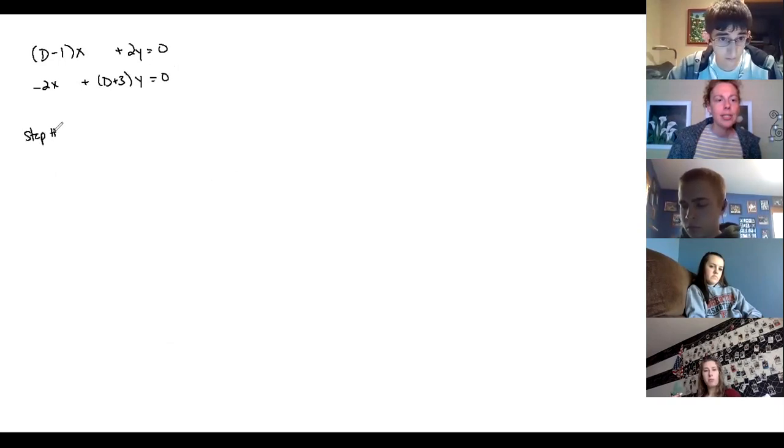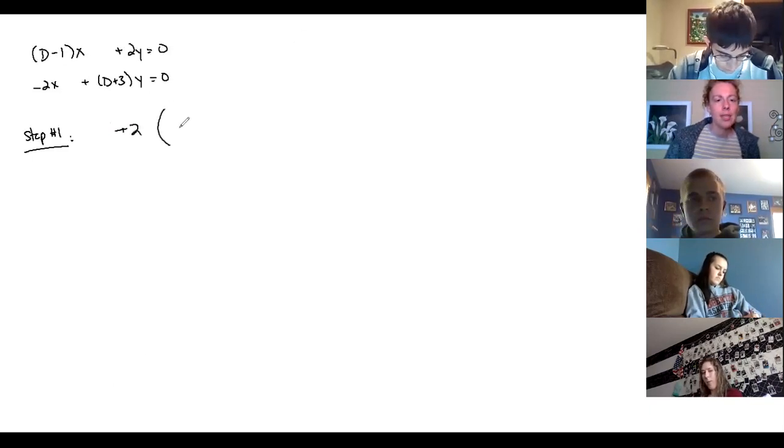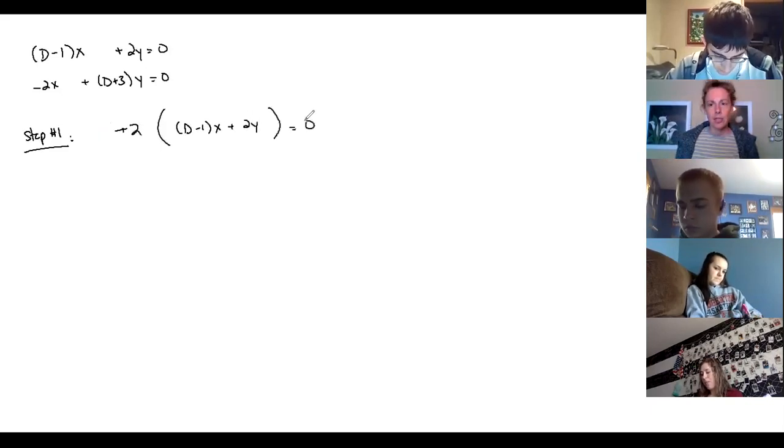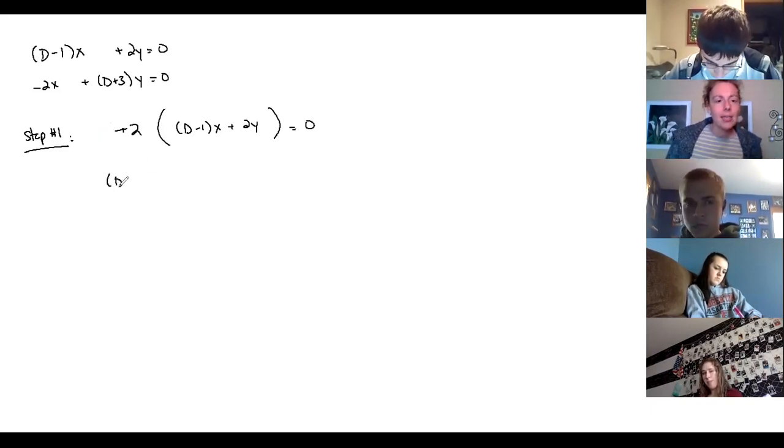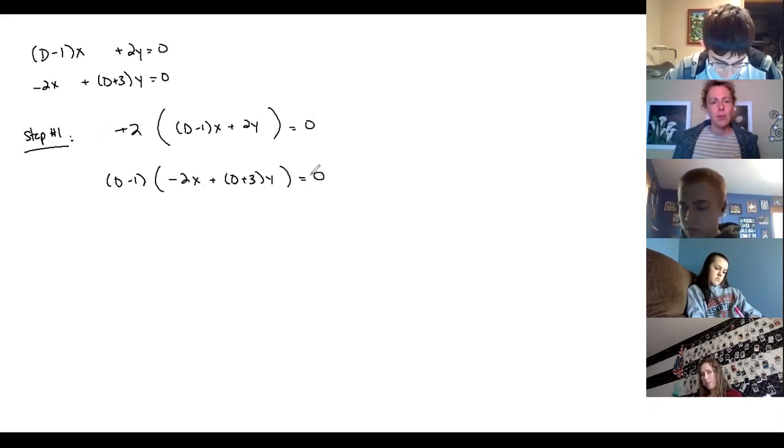So if we do step number 1, I am going to get -2 times that whole first equation, D minus 1 x plus 2y equals 0. I'm writing this out in painstaking detail this first time, and then we're not going to do it in as much detail after this. But -2 times that, and then I also get D minus 1 times my second equation, -2x plus D plus 3y also equals 0.